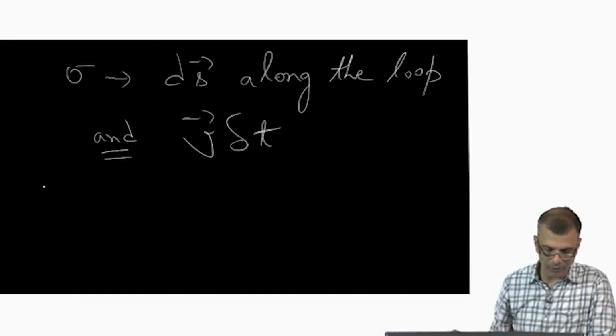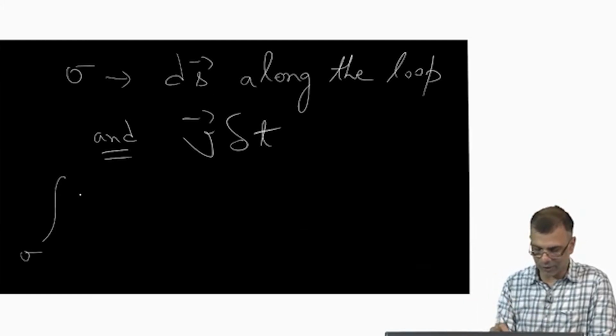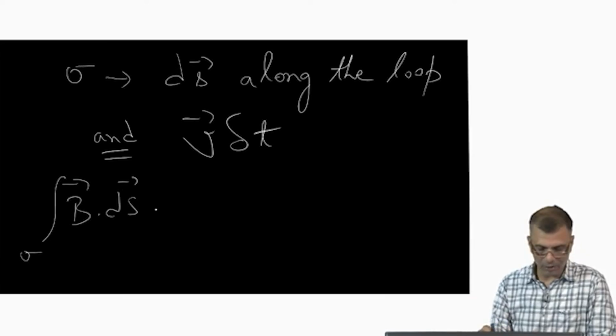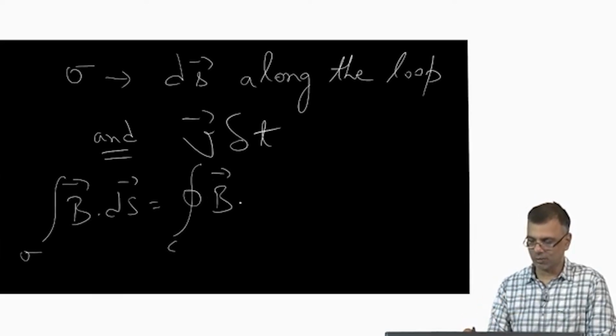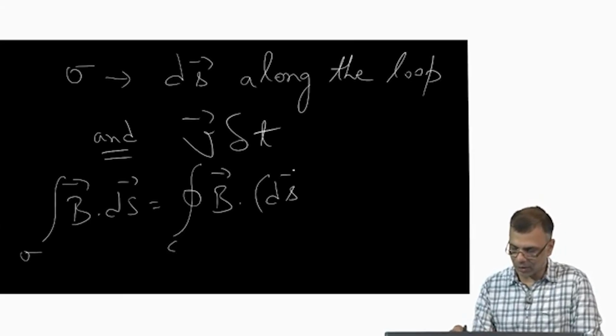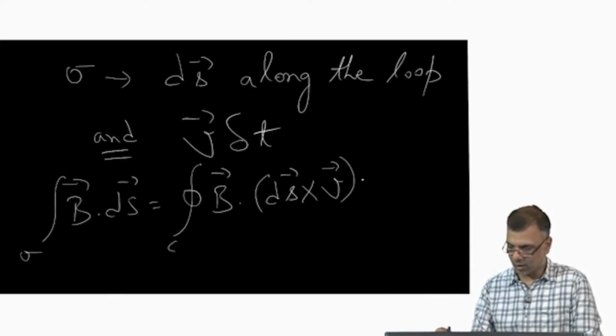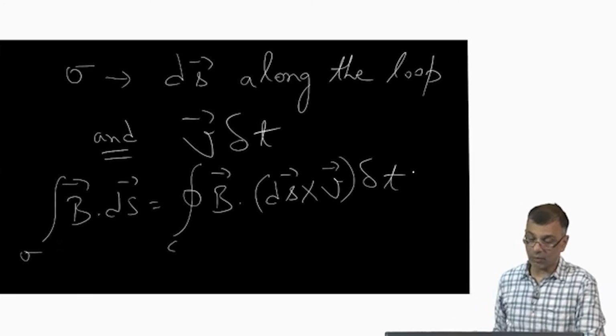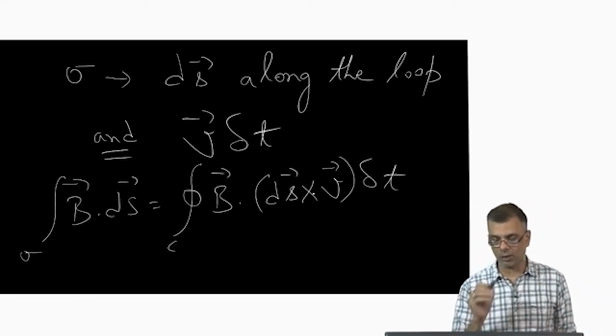Over the side surface, this B dot ds is equal to the contour integral of B dot, what is this side surface? The side surface is the d small s, which is the length element, cross v delta t. Now, it is important to figure out why I am writing this cross.